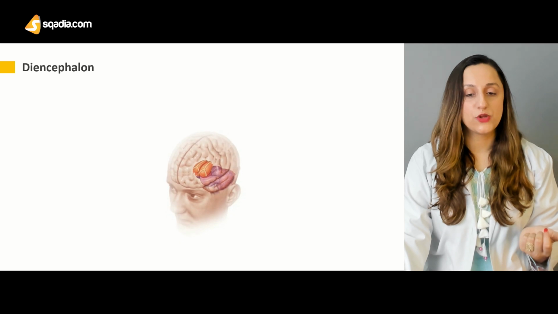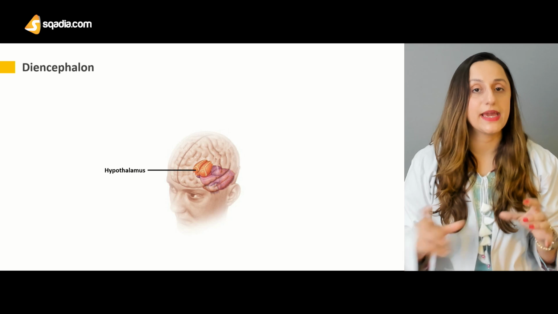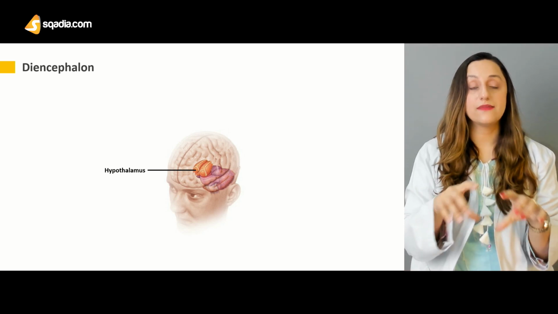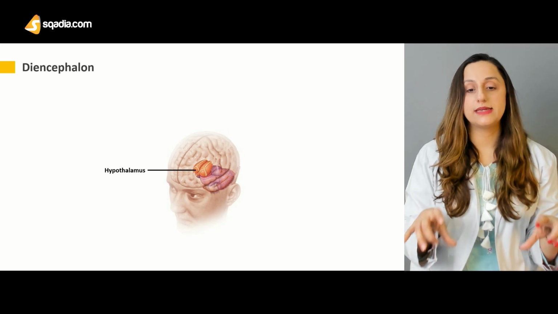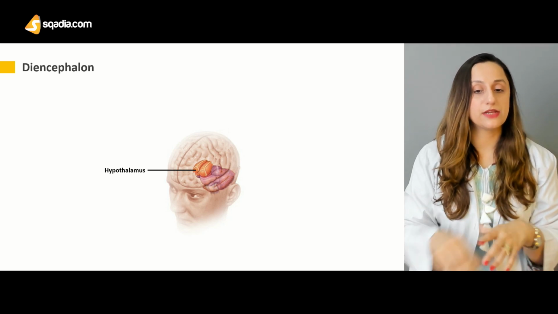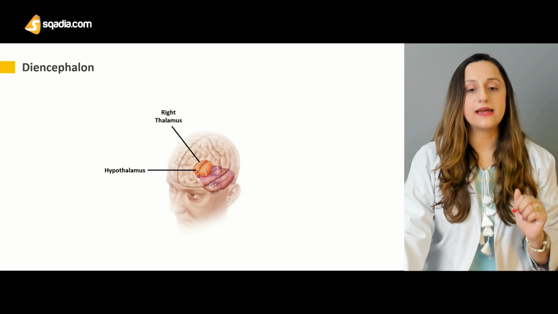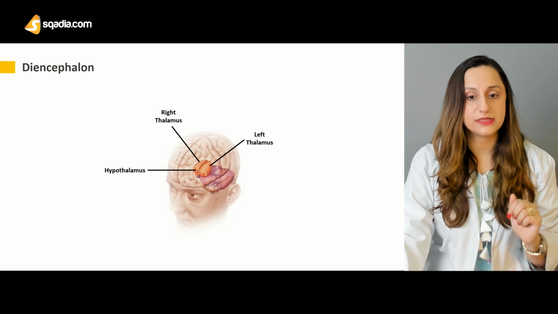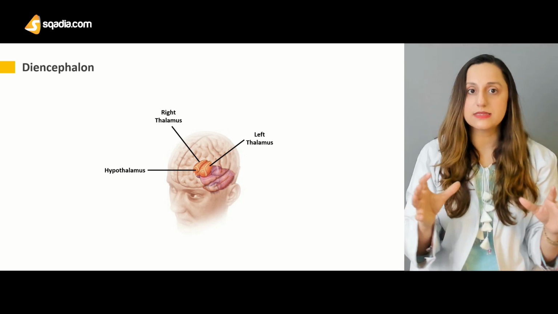Now, the diencephalon that I'm referring to again and again comprises the hypothalamus. As you can see from here, there are two important lobes attached to this particular hypothalamic region. Then we have the right thalamus and the left thalamus.